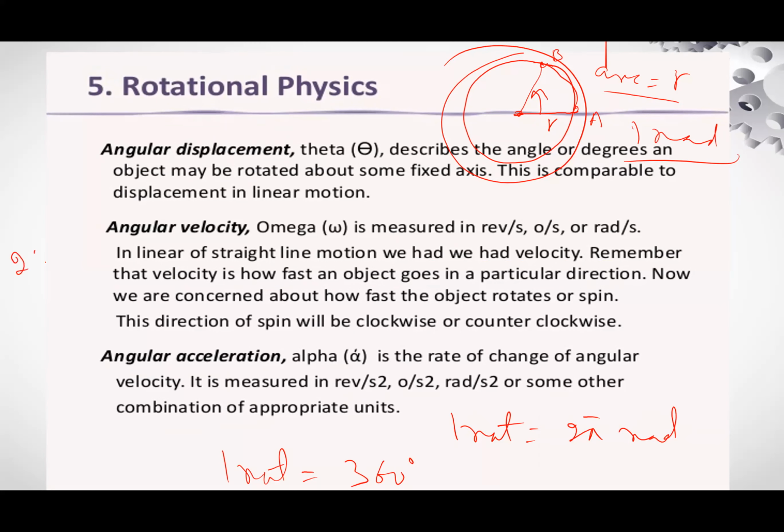So 2 pi radians is equal to 360 degrees, because in one rotation a body covers 360 degrees, and 2 pi radians. So 1 radian is equal to 360 divided by 2 pi, which is equal to 57.3 degrees. So 1 radian is equal to 57.3 degrees.